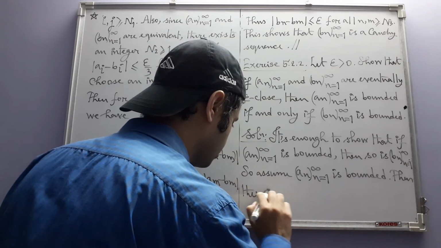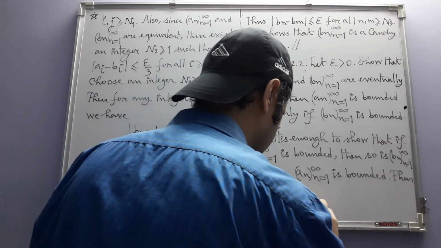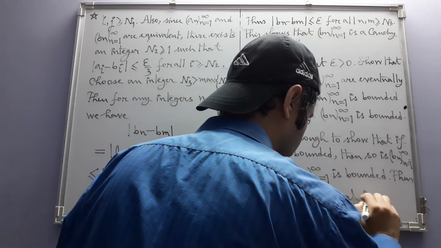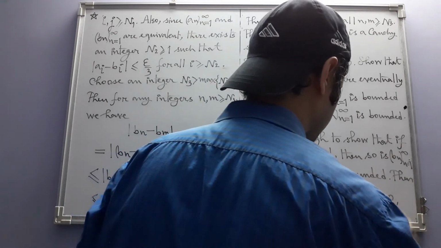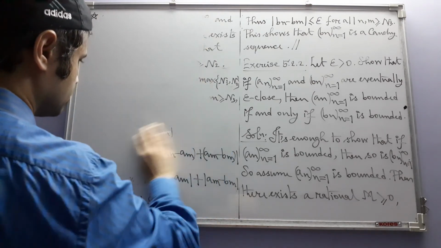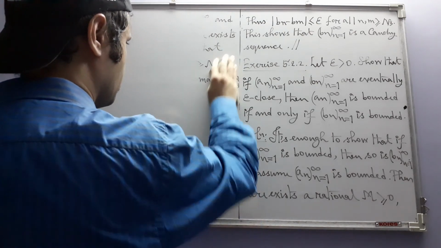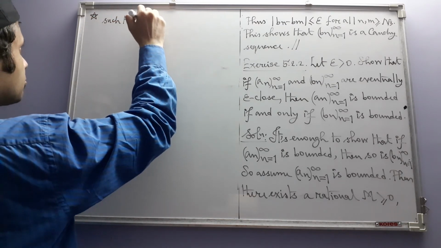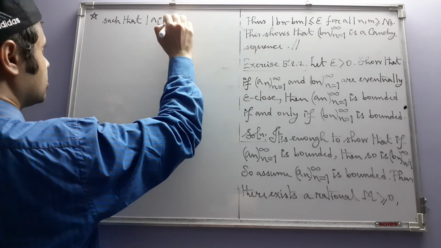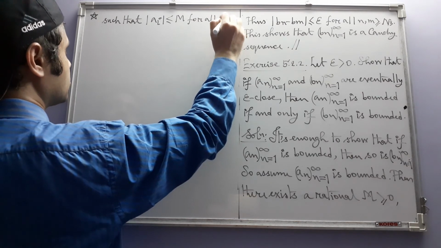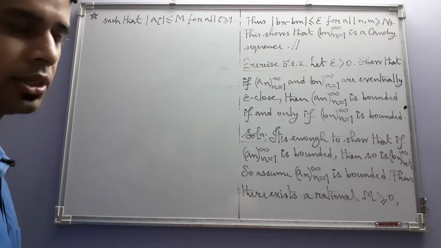Then there exists some rational m greater than or equal to 0 such that absolute value of ai is less than or equal to m for all i greater than or equal to 1. That's what being bounded by m means.